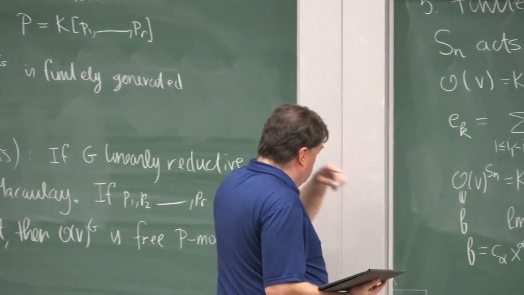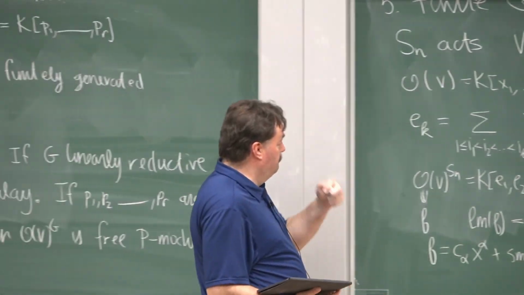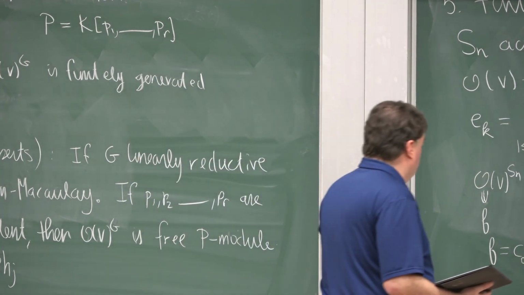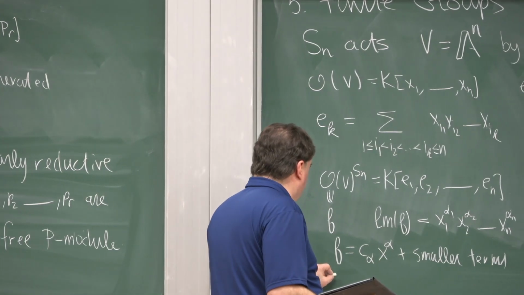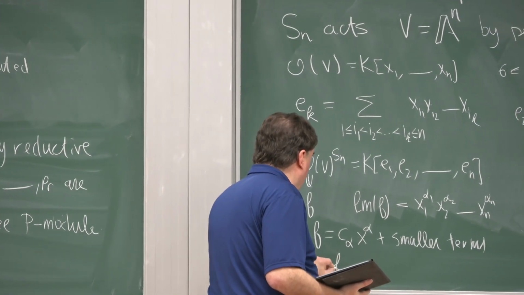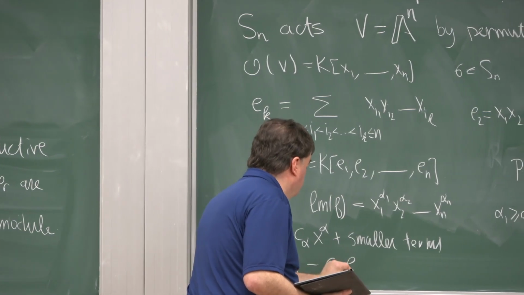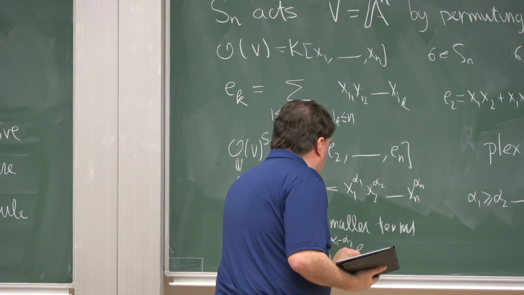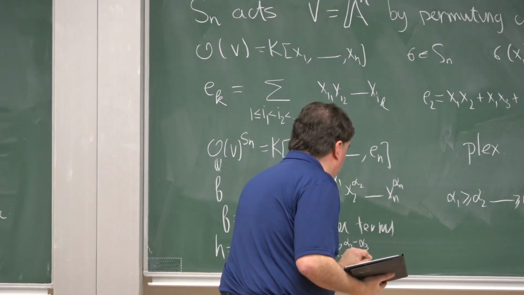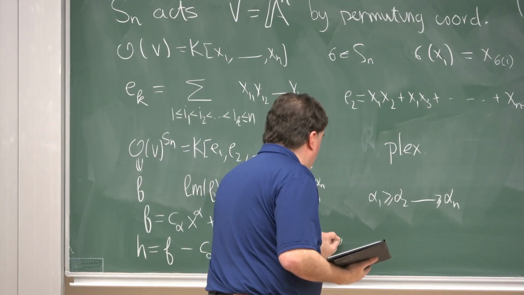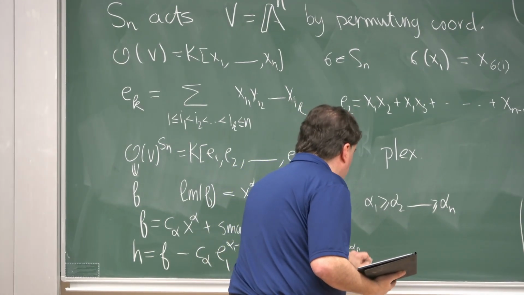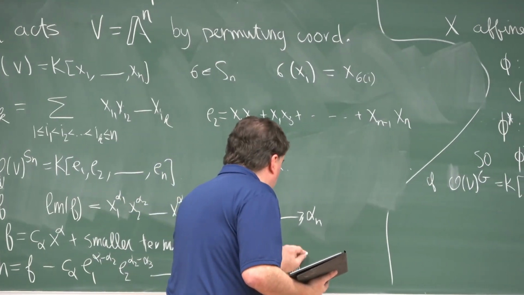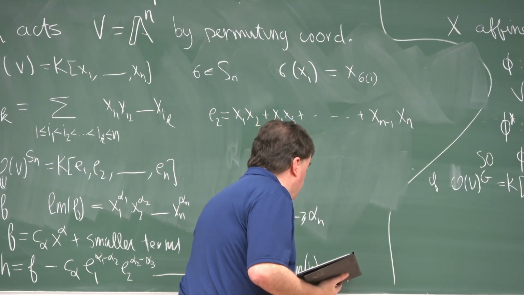But now, using these invariants, I can make a similar polynomial that has the same leading term. In particular, if we take h to be f minus c_alpha times e1 to the power alpha1 minus alpha2, e2 to the power alpha2 minus alpha3, and so forth, e_{n-1} to the power alpha_{n-1} minus alpha_n, en to the power alpha_n, then the leading monomial of h is strictly smaller than the leading monomial of f.